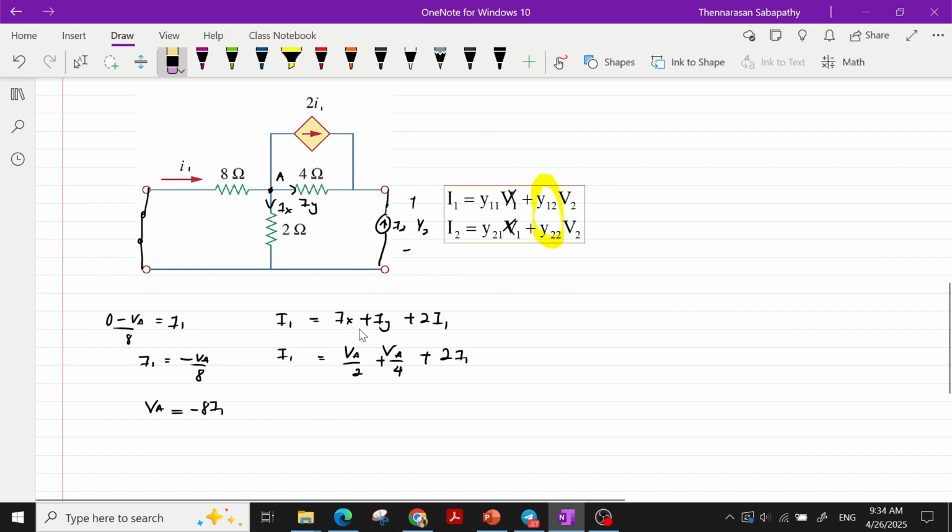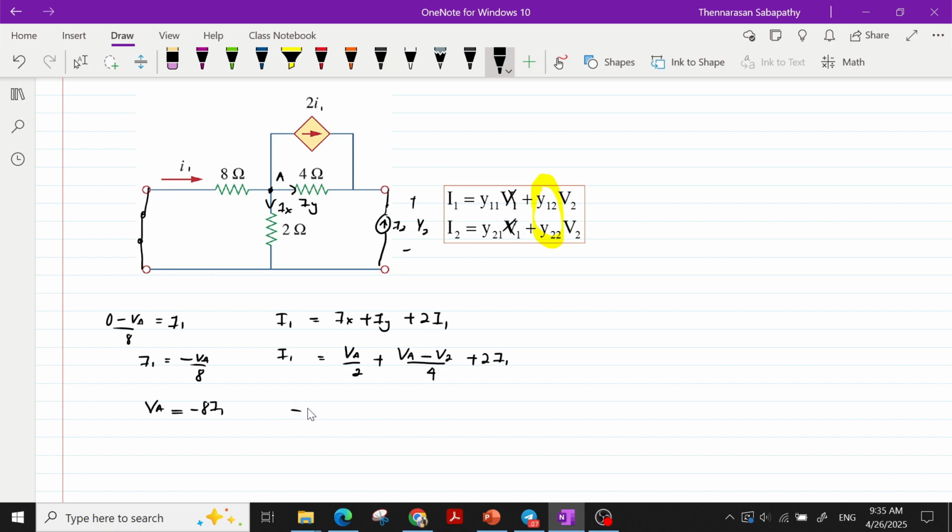This part is actually wrong. Let me erase this as well. Because I followed the previous equation very quickly. So Iy is supposed to be, this is actually V2, the voltage drop here is V2. Iy is VA minus V2 over 4 plus 2I1. Sorry for the mistake here.